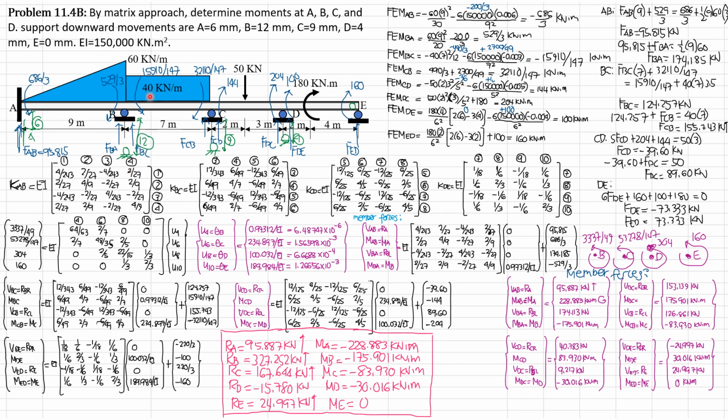Then BC, due to the load, negative W L square over 12, negative 4 times 7 square over 12, which is negative 490 over 3. Then due to support movement, the delta is 3 mm, 12 minus 9, but delta this time is treated negative because the rotation of the chord BC is counterclockwise. So minus 6 EI delta, negative 0.003 over 7 square.